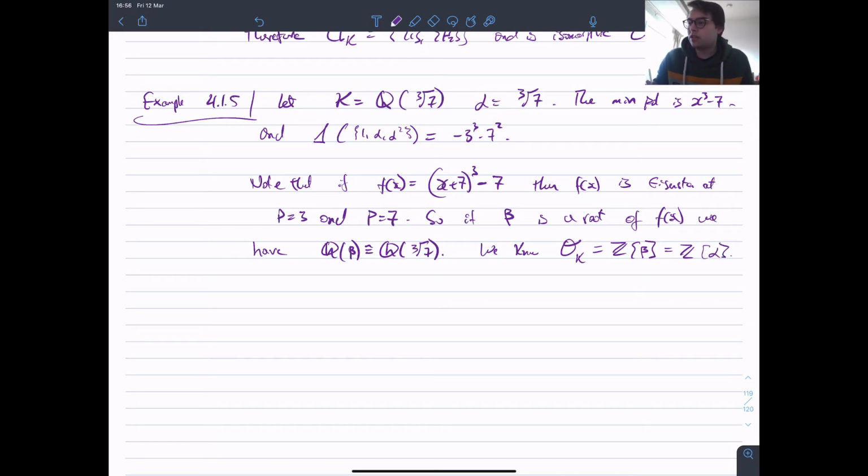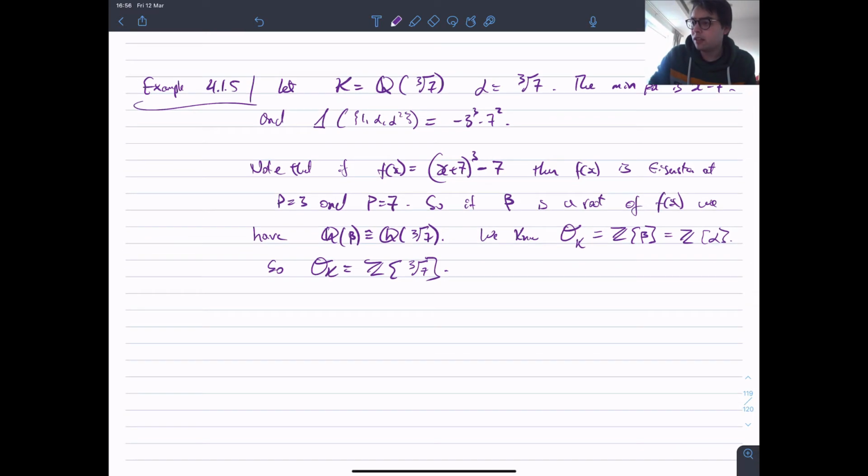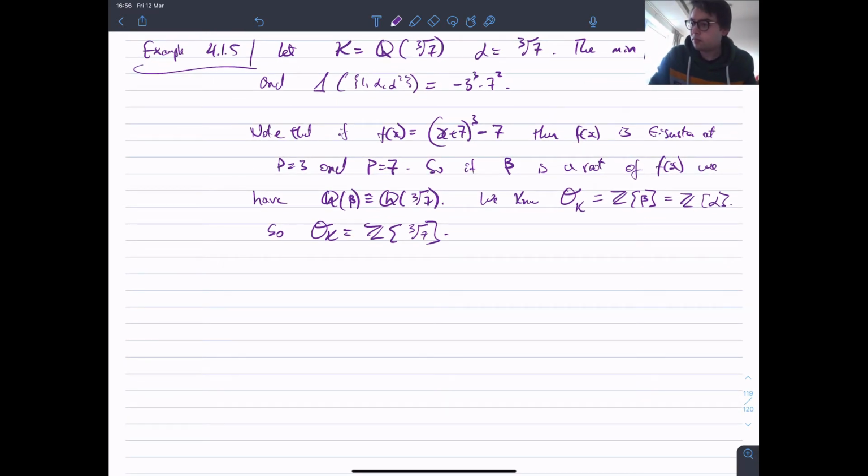So my alpha gives a basis. Let me rewrite what alpha is, the cube root of 7. This is what my ring of integers is. So this is actually the discriminant of my field, 3 cubed times 7 squared.